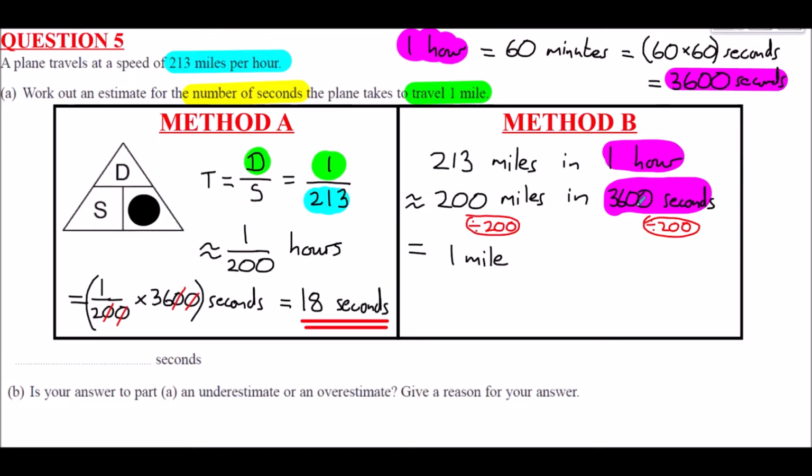And 3,600 divided by 200, well, 36 divided by 2 is 18. And then the zeros, again, will just cancel. So 1 mile in 18 seconds. So we can do this in terms of proportional reasoning, rather than thinking of it in terms of a formula. So 18 seconds, again, is our answer for an estimate of time.